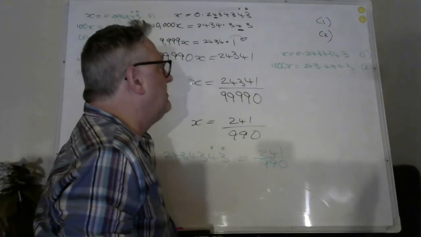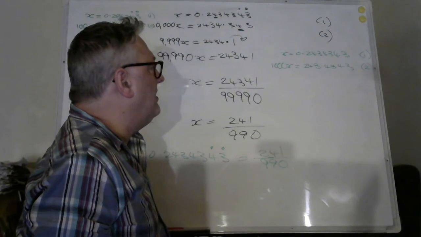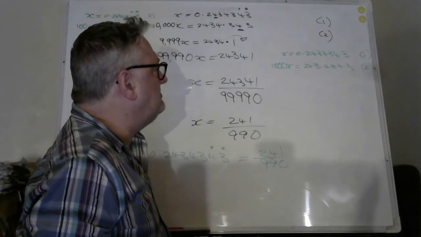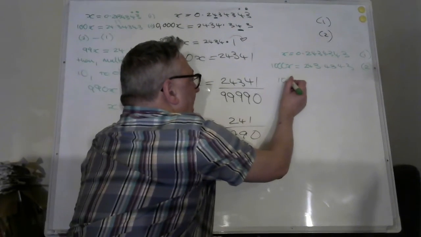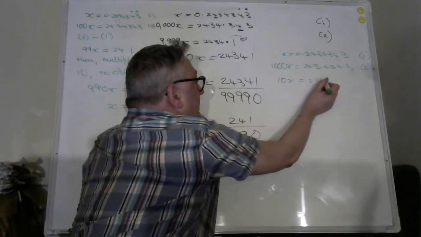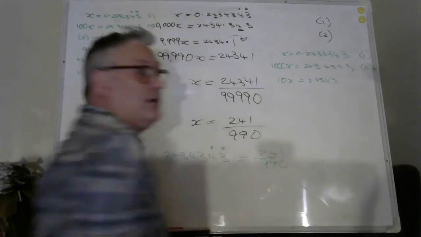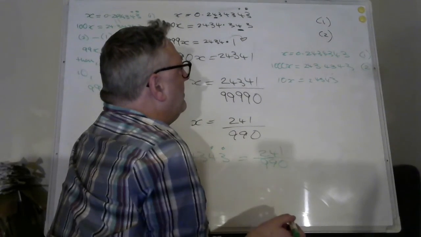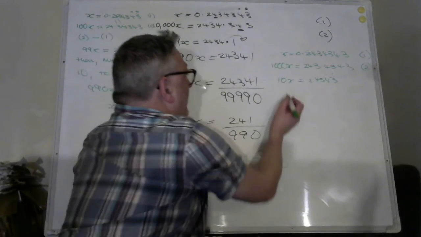Just multiply x by 10. Write down 10x underneath. 10x equals 2.4343 recurring. So subtract 10x from 1,000x, right?